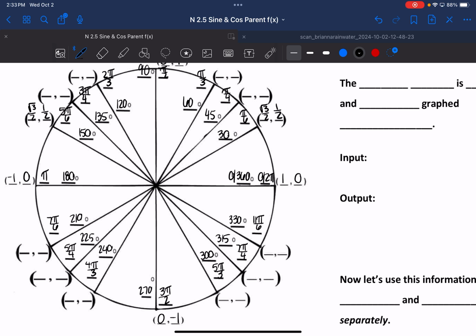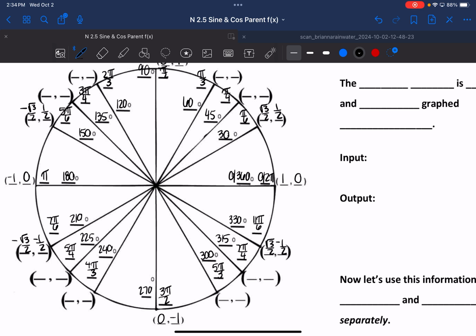But in that quadrant, we know that the x value is negative. Okay? And 210 also would be square root of 3 over 2 and 1/2. But in this quadrant, we know, right, x and y are negative. And then in this quadrant, we would have square root of 3 over 2 and 1/2. But we know that the y is negative.